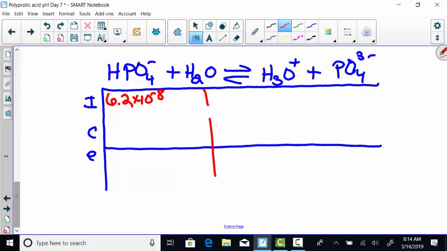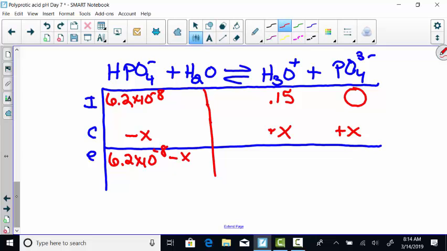And what is the initial concentration of H3O plus? That has not changed either. It's still 0.15 molar. This is 0. So then this is going to be minus x, and x, and we're adding these two. So this is 6.2 times 10 to the minus 8 minus x. This is 0.15 plus x and x.